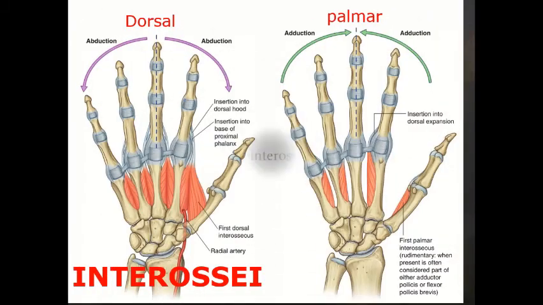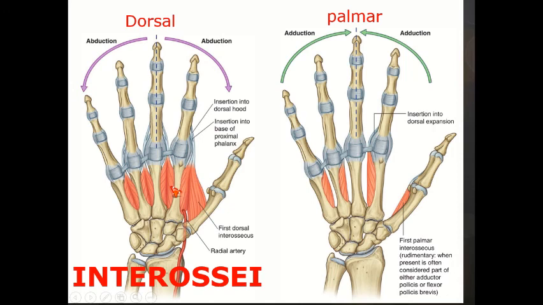The dorsal interossei arise from the adjacent sides of the metacarpals. The first dorsal interosseous arises from the first and second metacarpals, meaning the ulnar side of the first metacarpal and the radial side of the second metacarpal. The second dorsal interosseous arises from the adjacent sides of the second and third metacarpals.